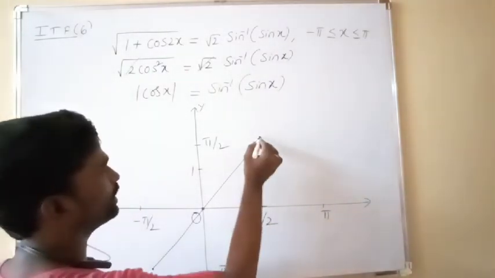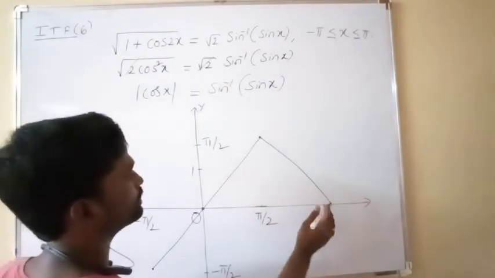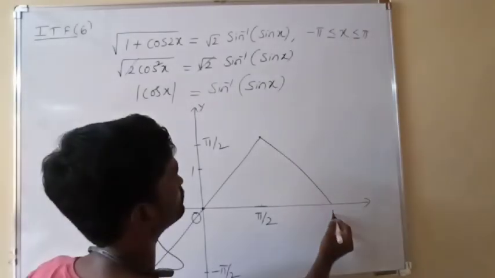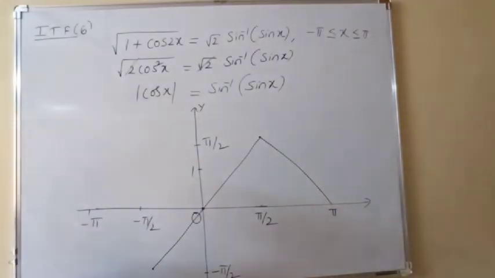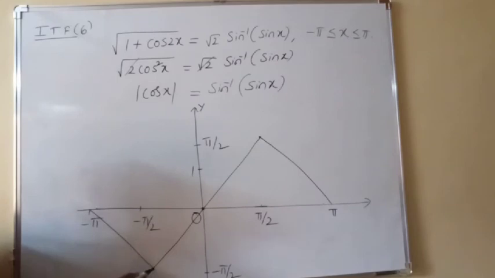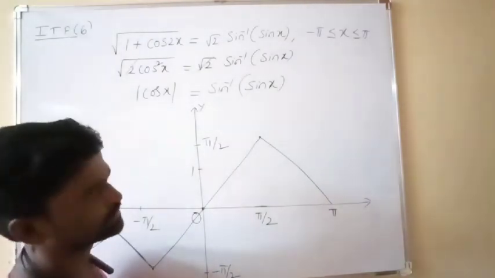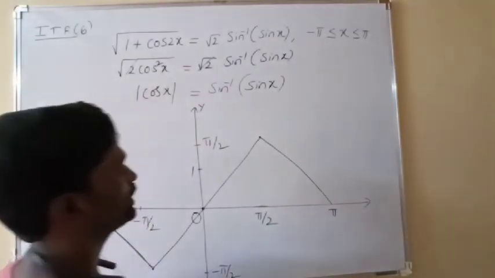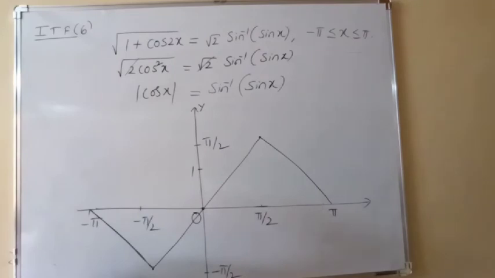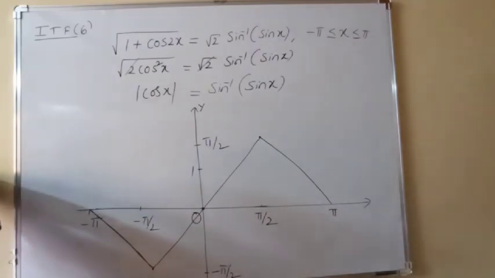Next we'll get like this, and we'll get like this. So this whole thing is nothing but the graph of sine inverse of sine x between minus pi comma plus pi. And the mod cos x graph.